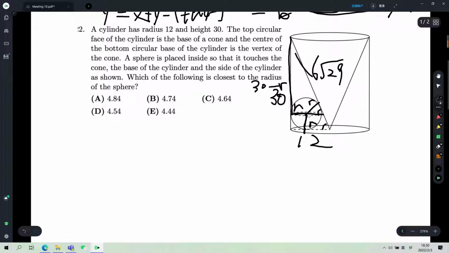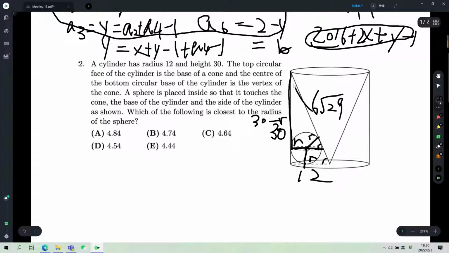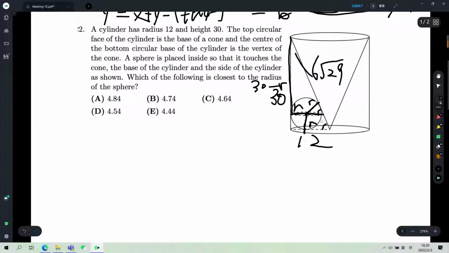Then we can use trigonometry: r to this line equals the ratio of 30 over 6 times square root of 29. Let's say this line is x.